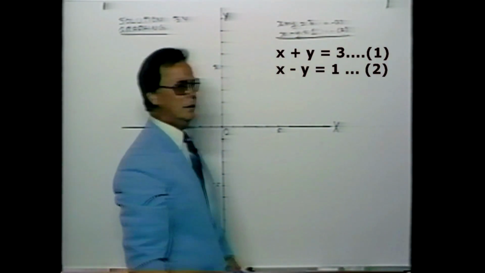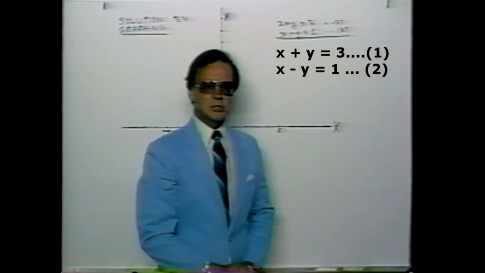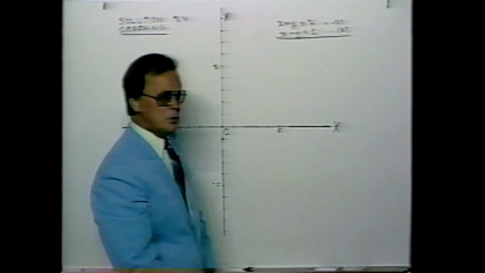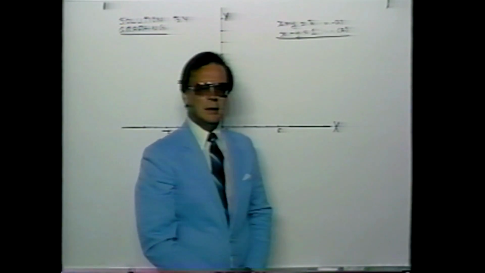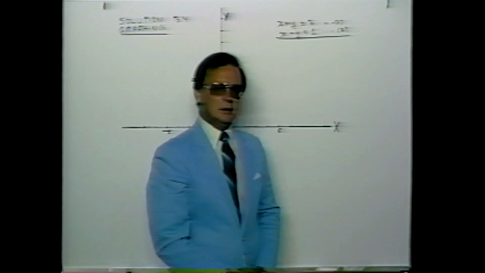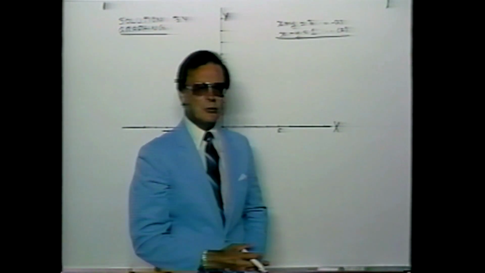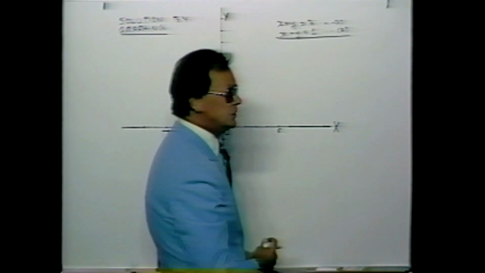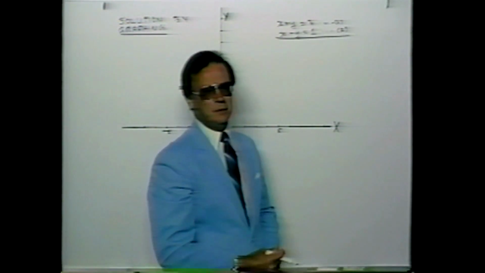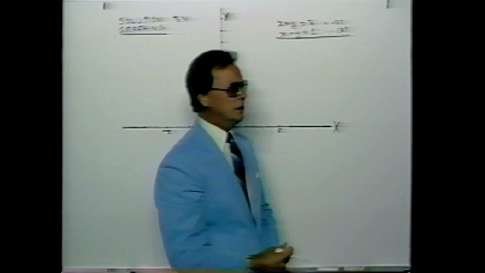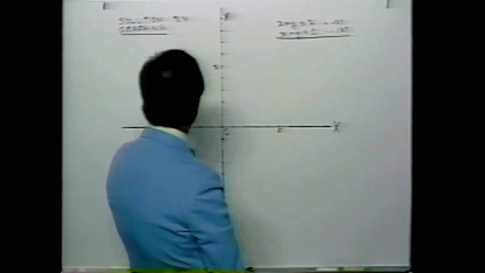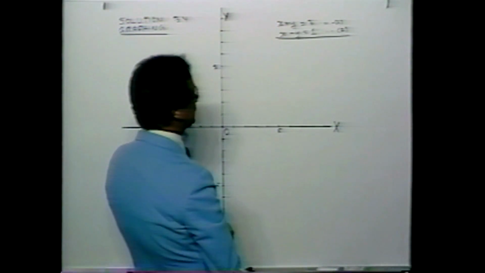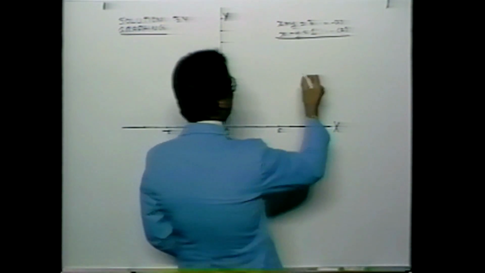We already have solved systems like this one algebraically. The first step is to organize what we refer to as a table of values. You must construct a table of values for each of the equations given. And the table of values for x plus y equals 3 is as follows.